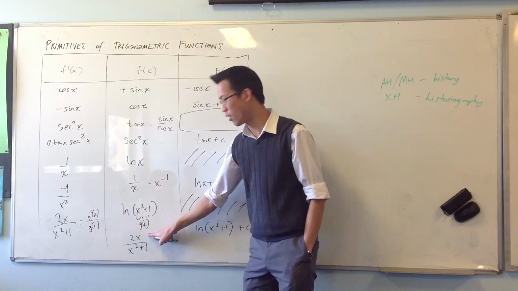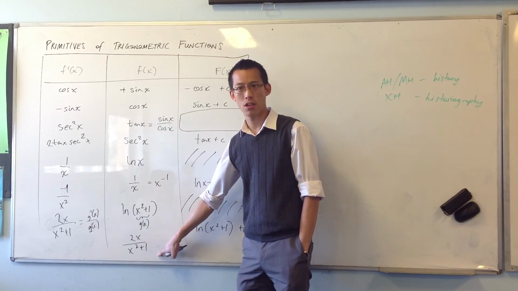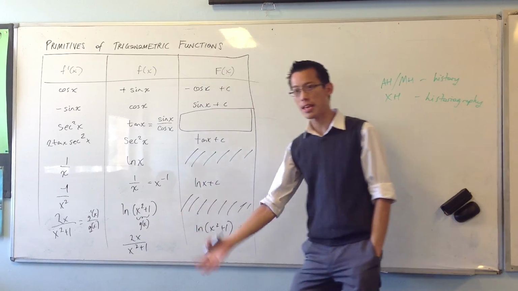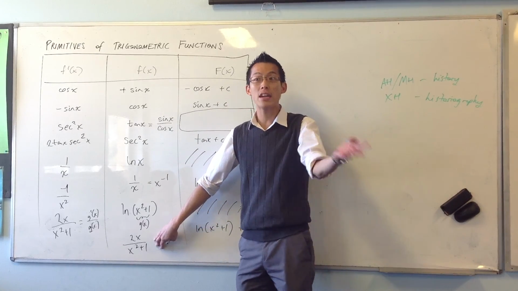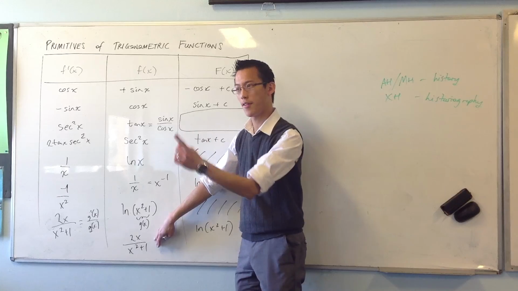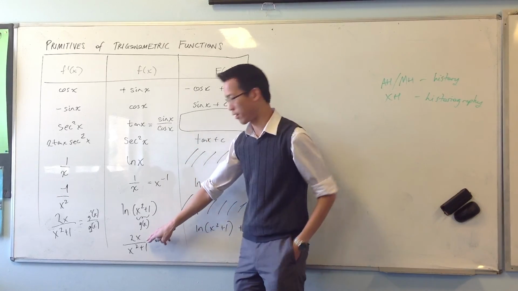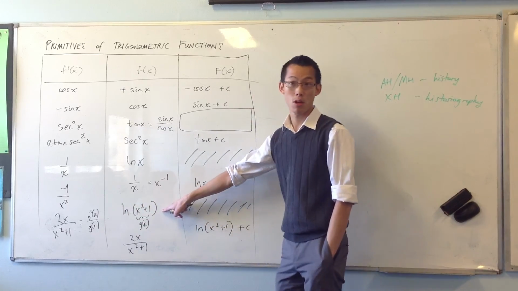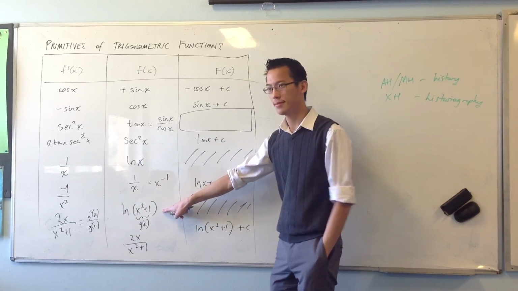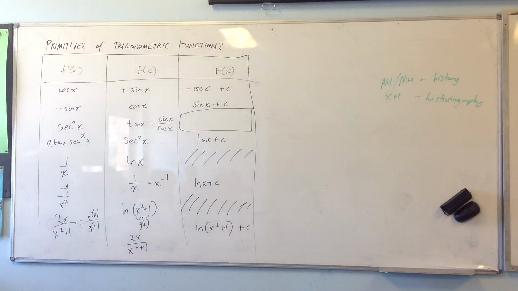G dash on G. Okay? So when you see a rational function like this, and they say, well, okay, what was its primitive? Where did it come from? Well, there's only one kind of function where you differentiate it, and you end up with f dash on f, g dash on g, whatever. Okay? It must have come from a log. Okay? All right, now let's climb back up the table.